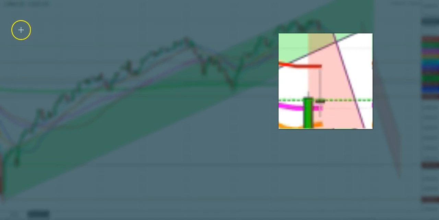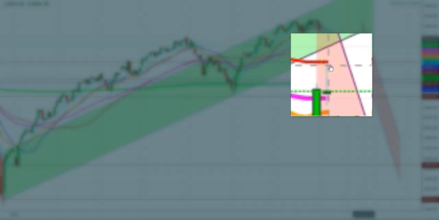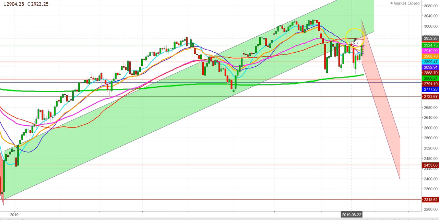Here you can see that this is the exhaustive candle where the S&P 500 futures found stiff resistance from the 50 days moving average, which is currently at the level of 2948. Here we can see that a sharp sell-off was there on August 30th, 2019, which has resulted in the formation of an exhaustive candle. Let me zoom this.